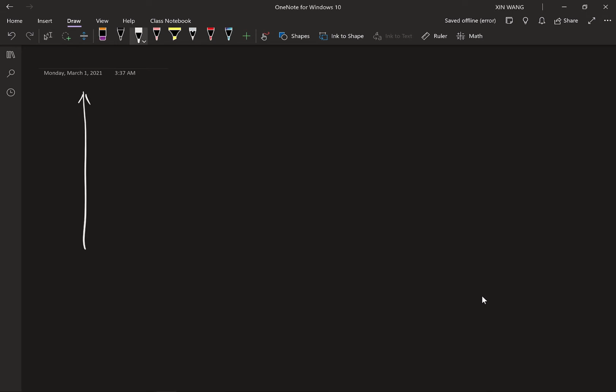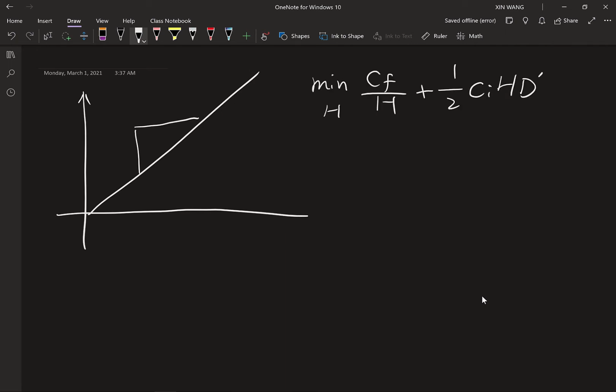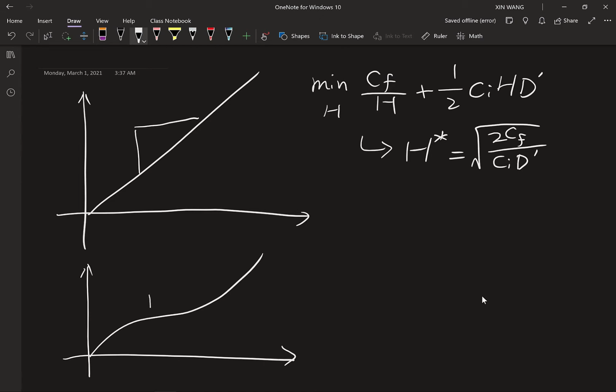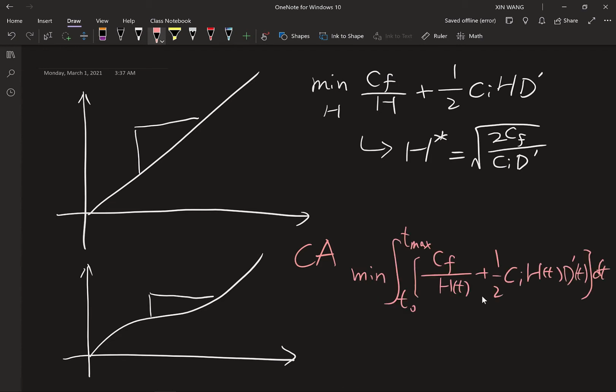Recall that when we have the constant demand problem, we want to minimize our total cost, and this gives us the optimum solution for the headway. Now for a time-varying demand, our CA method will minimize, and this gives us our optimum headway function in this expression.